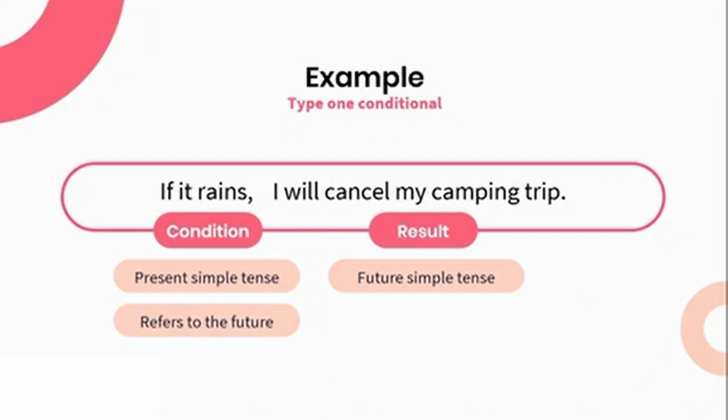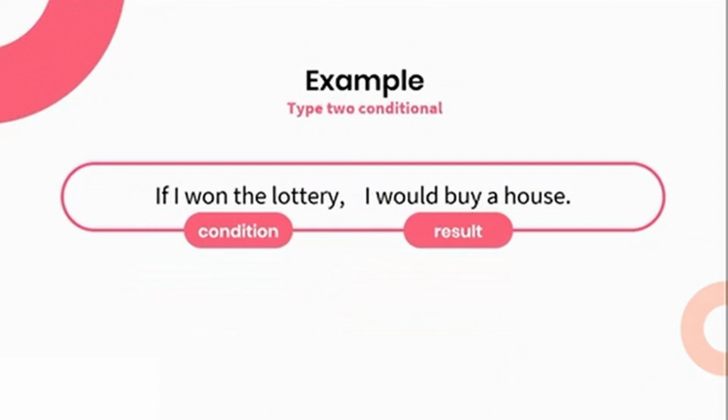So even though it's in present simple tense, it refers to the future. Of course, the result, I will cancel my camping trip, also refers to the future, because cancelling the camping trip is a hypothetical result that takes place in the future. Do you notice that the condition and result both refer to the same time, the future?